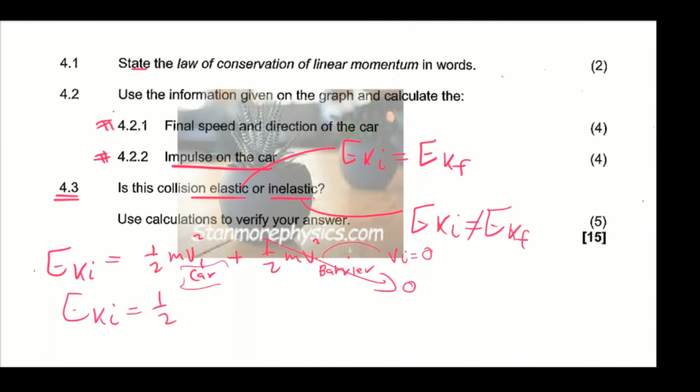And then we will have the initial kinetic energy equal to 1 over 2. For the car, the mass of the car is 900, and we need the velocity of the car.